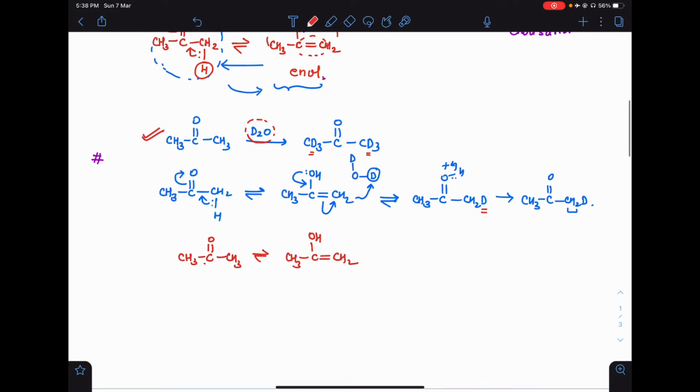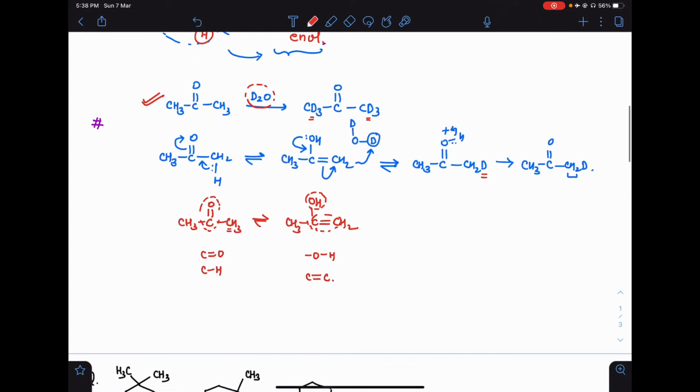So you see, initially there was a C double bond O, and there was a carbon-hydrogen bond. In the enol form, now we have a new OH bond. One CH bond got broken and we have a new OH bond. What else new do we have? We have a carbon-carbon double bond also present.